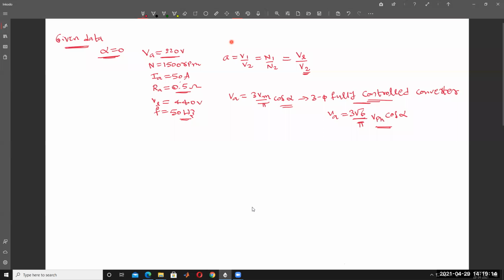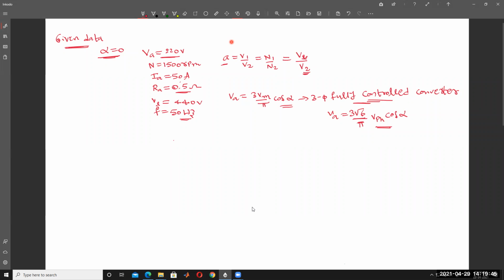Our requirement is VRMS. A is nothing but the turns ratio, but this is the phase turns ratio, not the line turns ratio. So here V1 is phase.